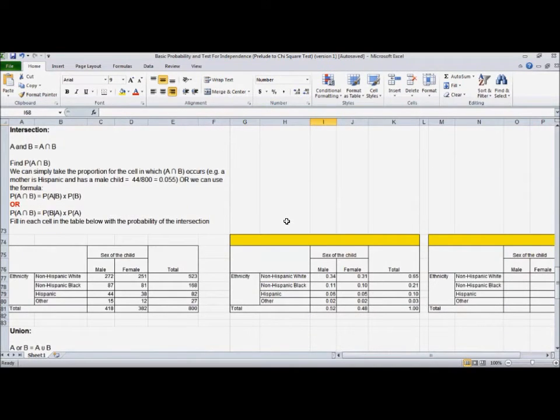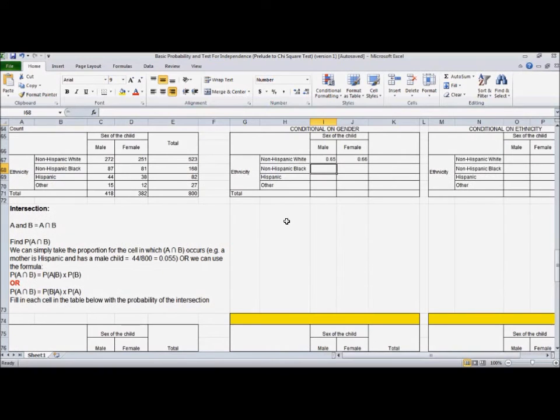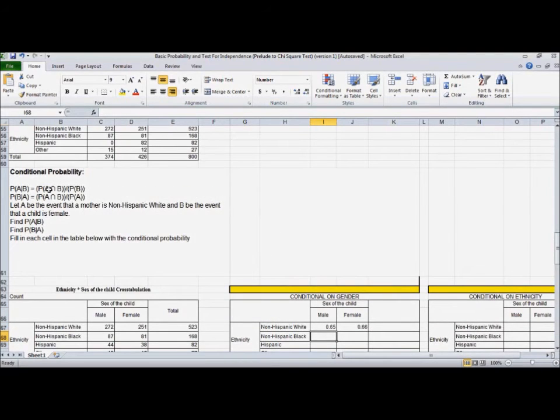So now, as you can see, we can continue doing that for each cell, and in this case it will be easier again to add our dollar signs, because what are we doing here? For each cell within this column, we will be using the formula for conditional probability.